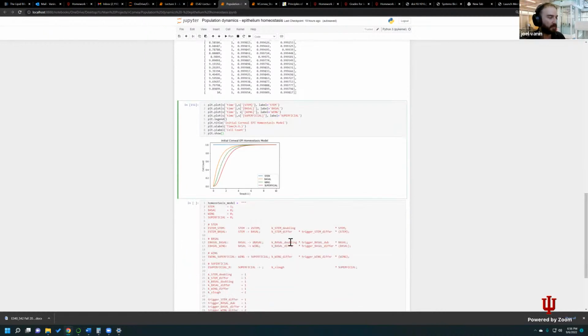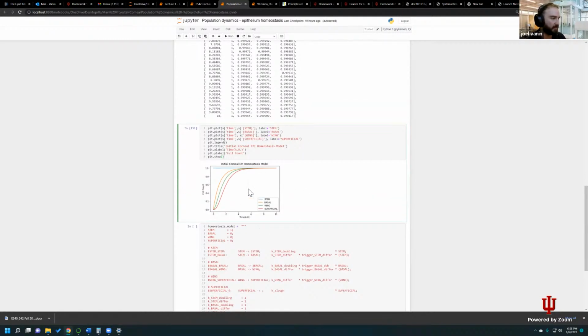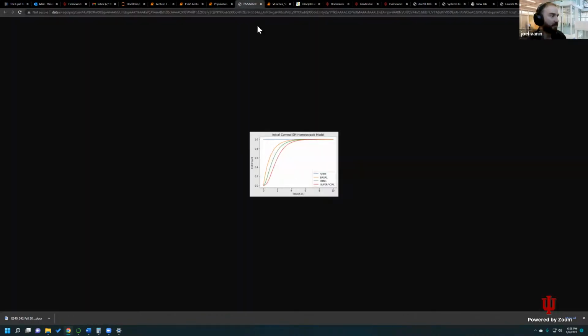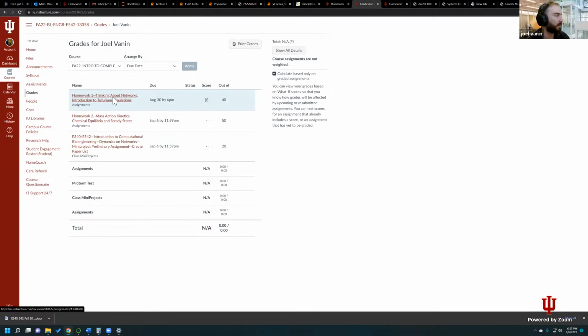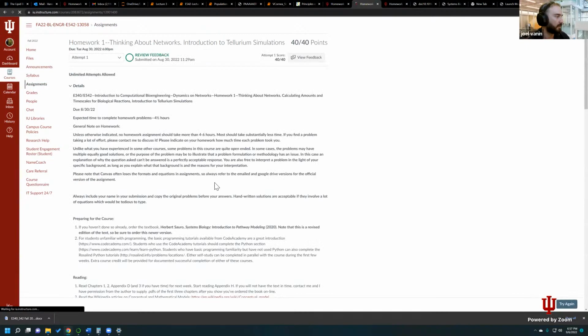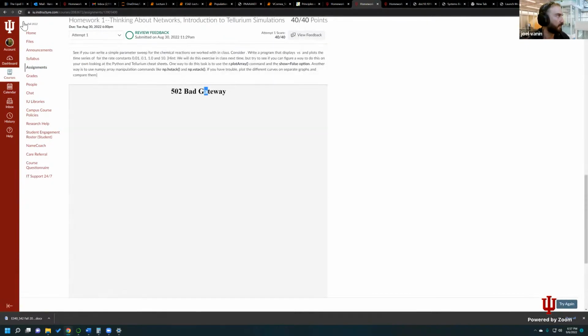I just played around with some equations that I thought of, but it's nothing special. Maybe it's worth stepping back and saying what it is you're trying to model. Let me see if I can find my homework here so I can show that, because I mentioned that in the homework.